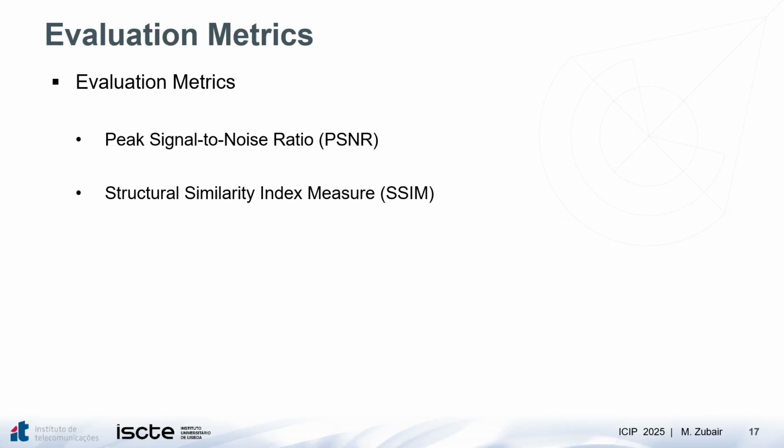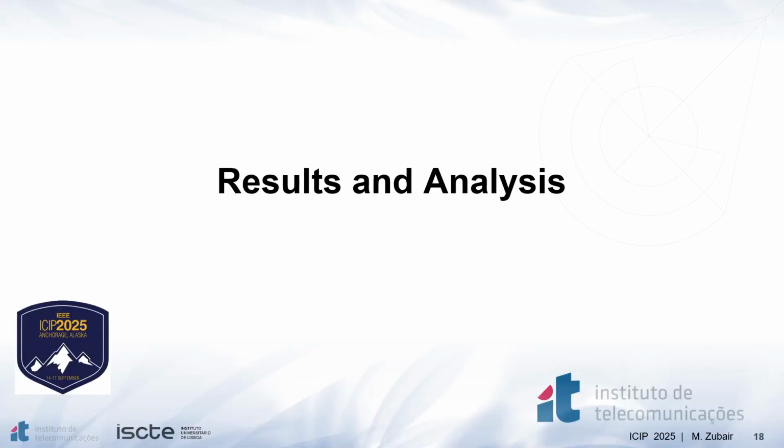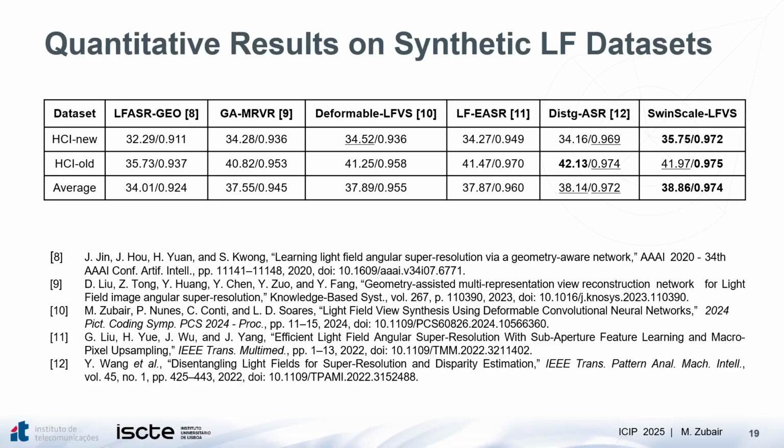To evaluate these results, we use two performance metrics. The first one is peak signal to noise ratio, and the second one is structural similarity index measure. In the next slide, we are going to discuss the results and analysis.